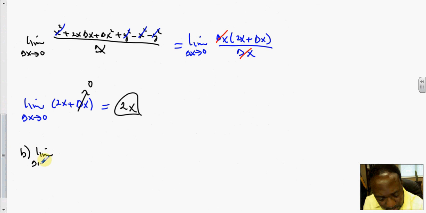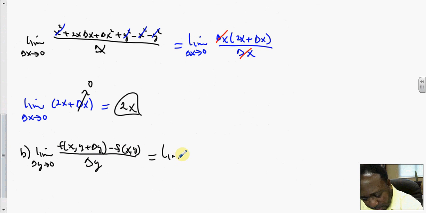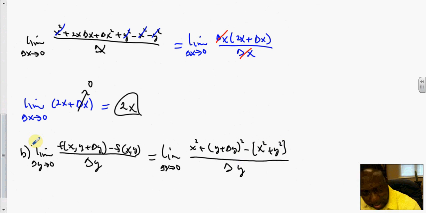So the limit as delta y goes to 0 of f of x, y plus delta y, minus f of x, y, all over delta y. This is the limit as delta y goes to 0 of x squared plus (y plus delta y) squared, minus (x squared plus y squared), the function, divided by delta y.